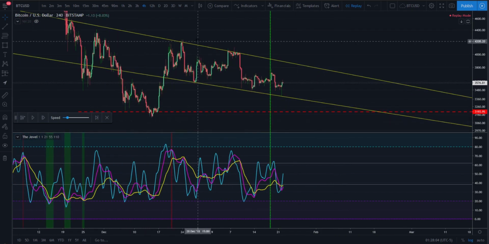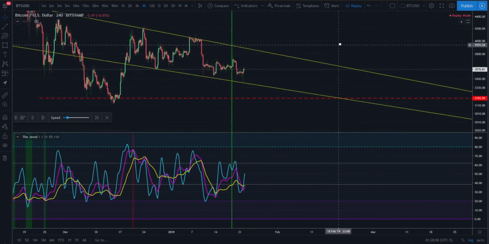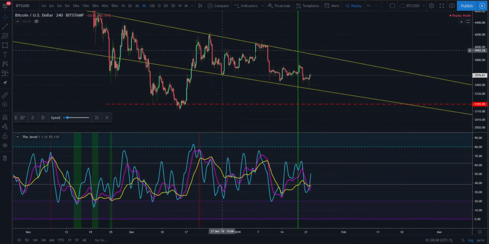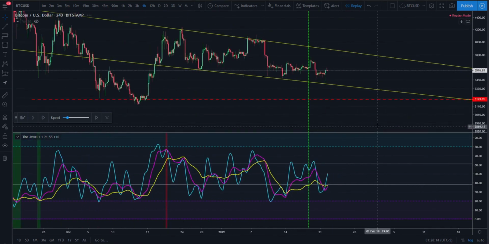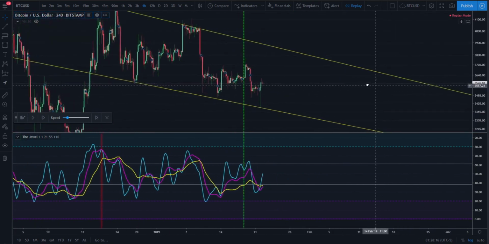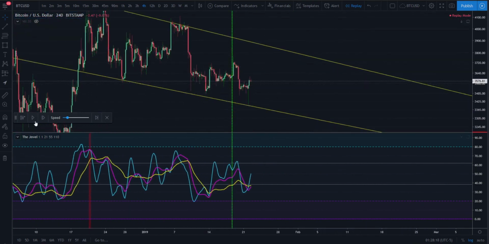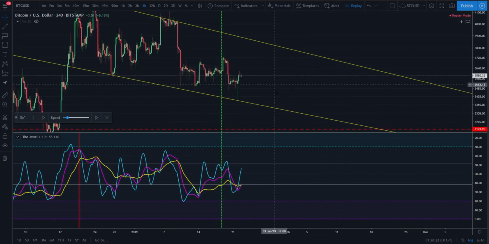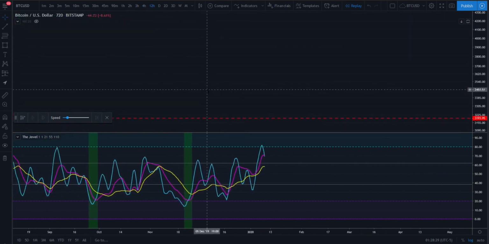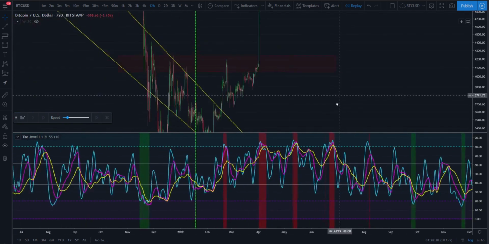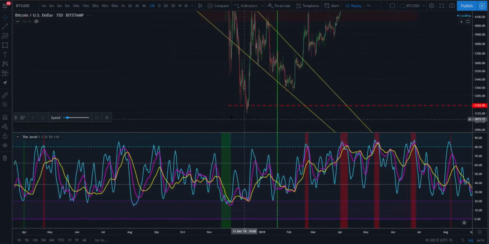We had a move up and because of that, it's a bull flag, whatever you want to call it. It's a channel basically is what it is. But one thing for sure is that we are still down trending, right? Okay, let's keep on going. And while the price plays out, let's switch around.